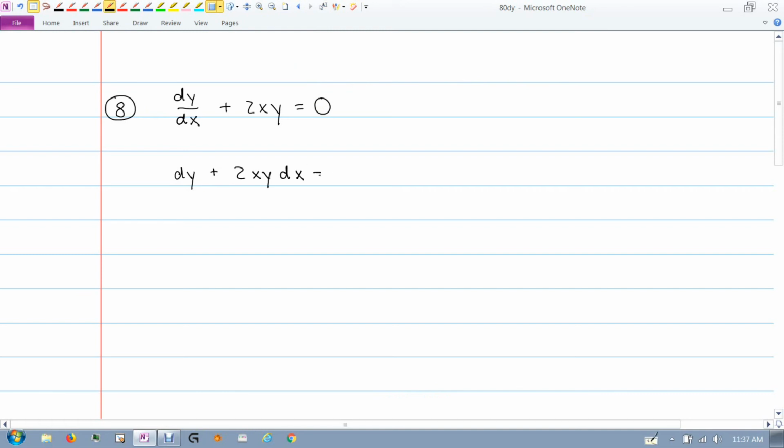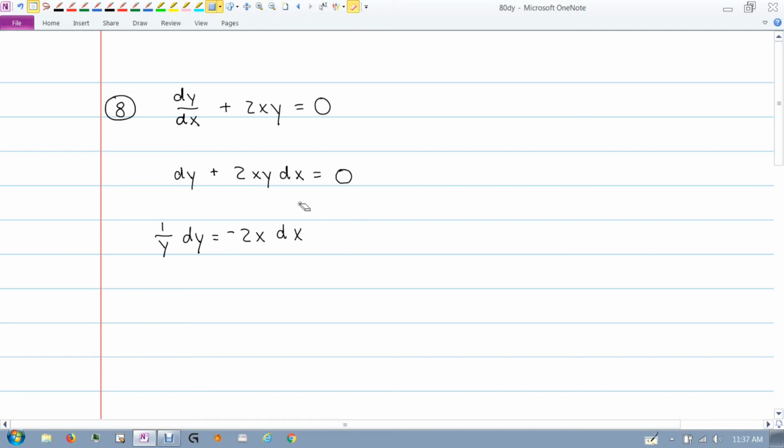I'm multiplying everything by dx. Oh, sorry, 0 over here. And then let's try and get all of our x terms, so let's divide everything by y. If I divide this first term by y, I'm going to get 1 over y dy plus 2x dx equals 0. And let's go ahead and just move this to the other side over here, so it's going to become negative. So I'm going to just cheat a little bit, like that.